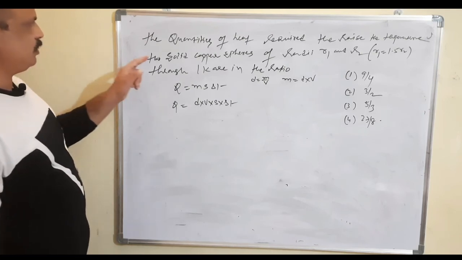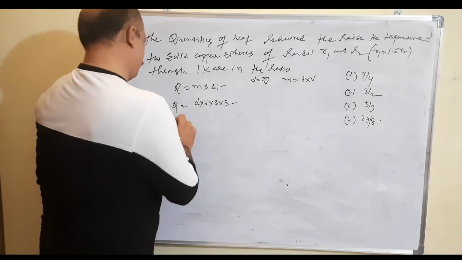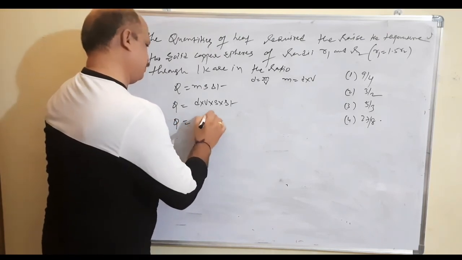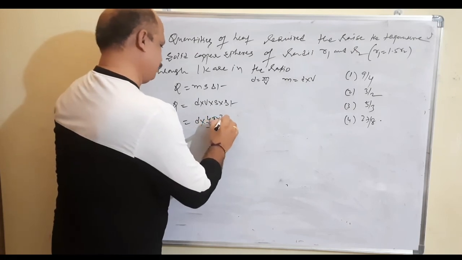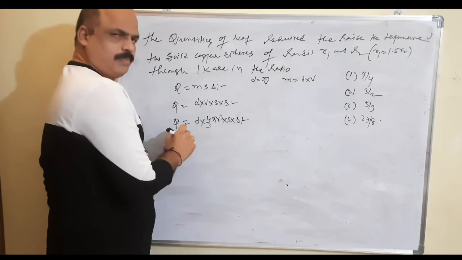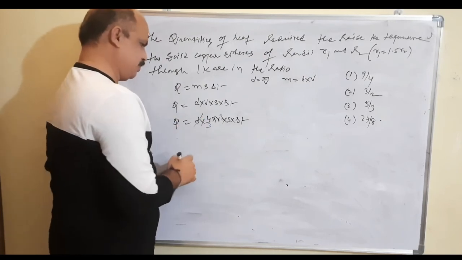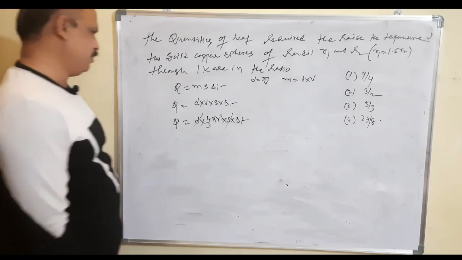Here these are copper spheres. So Q is equal to density into, what is the volume of the copper sphere? 4 by 3 pi r cube, into s into dT. Here both are copper, so density is constant and specific heat is constant, same material.